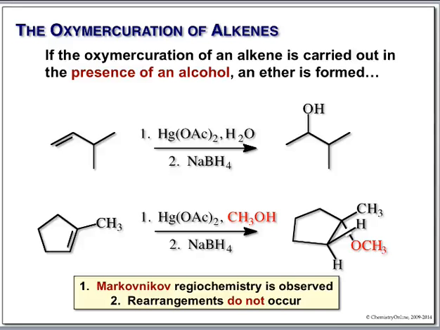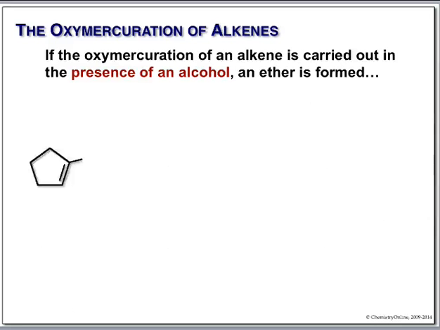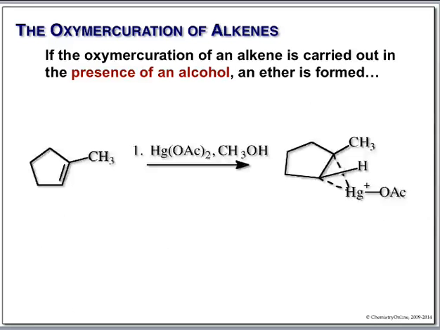Now this reaction goes all the way back to chapter 6 or 7, in case you've forgotten the mechanism. Step 1, we form our mercuridium ion. That's why we don't have rearrangements. It's not a carbocation, it's a bridged mercuridium ion.